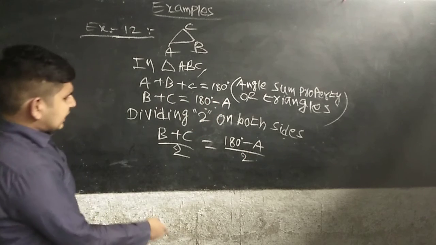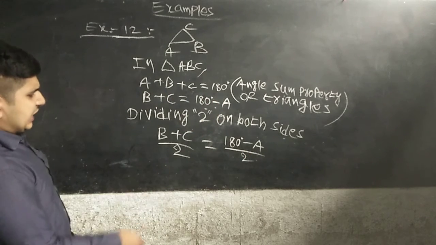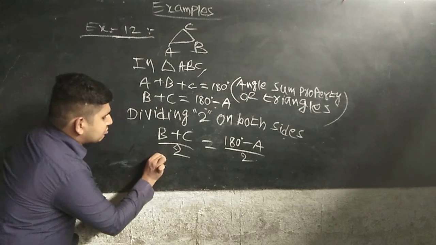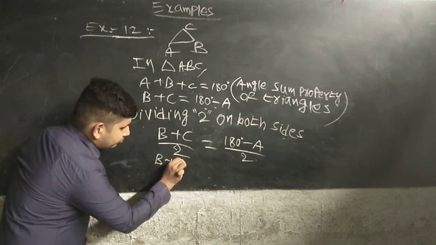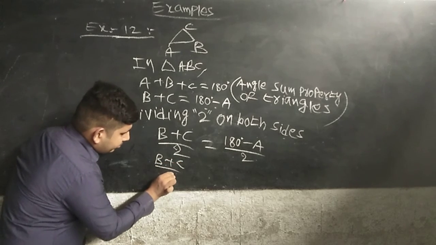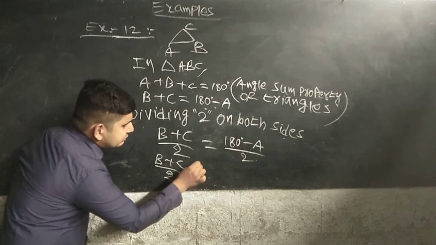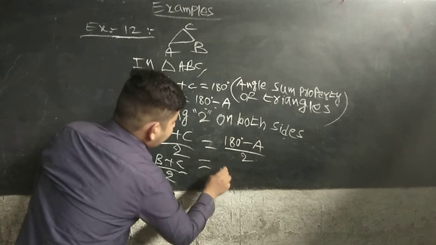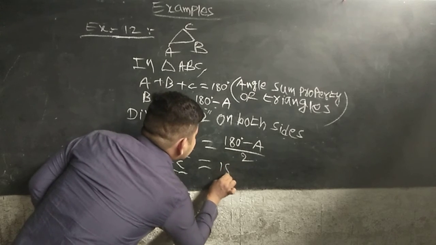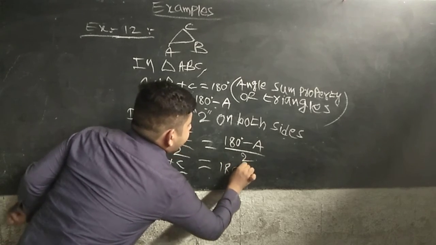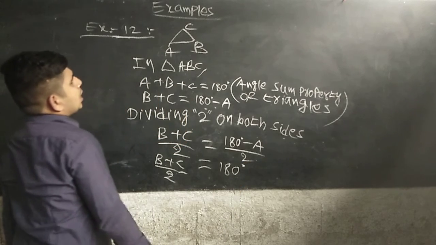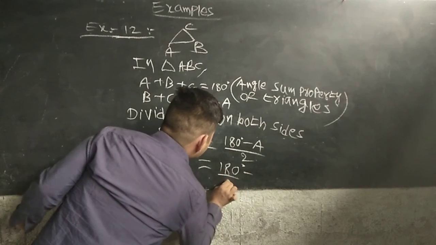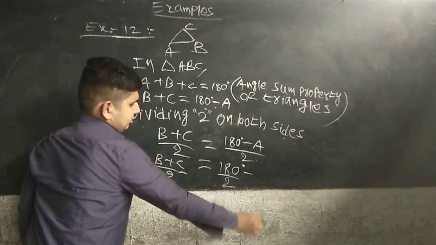Now on the right-hand side, we keep (B plus C) by 2 like that only on the left side. On the right-hand side, divide the numerator into two terms: 180 degrees by 2 minus A by 2.